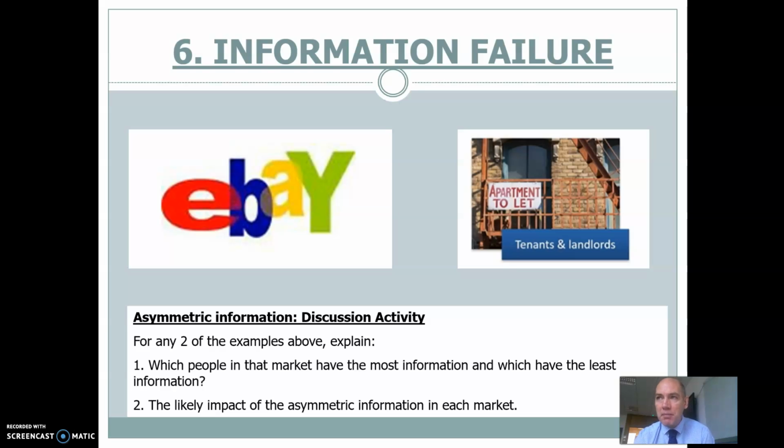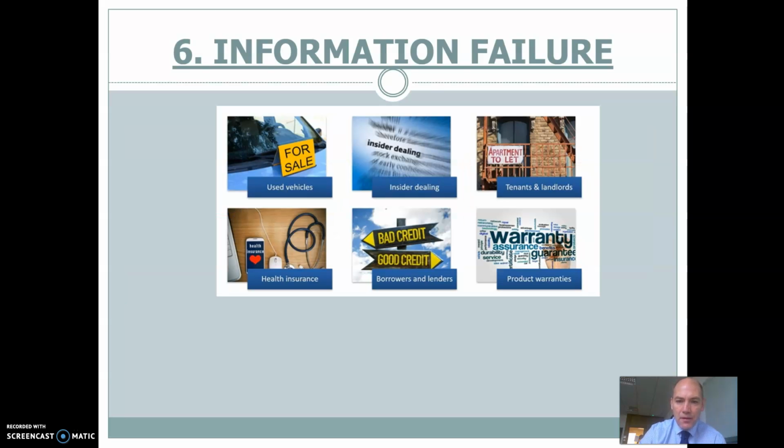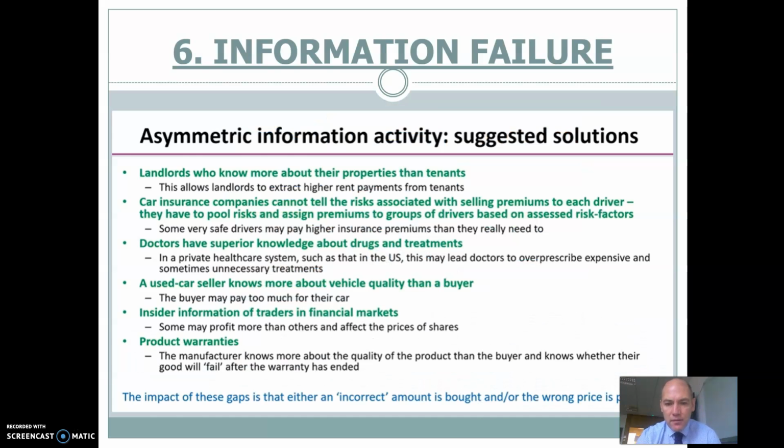It will be people buy too much or too little at too high or too low a price. So see if you can work that out. Try and use the knowledge that you have about those markets. Take around 4 to 5 minutes to complete the task.